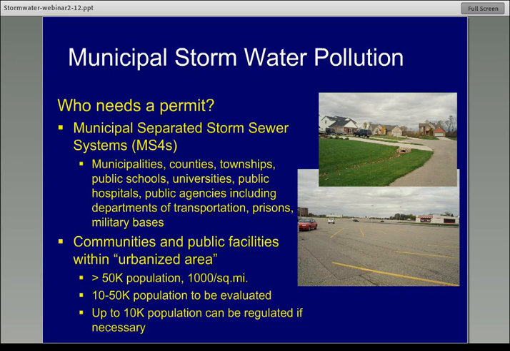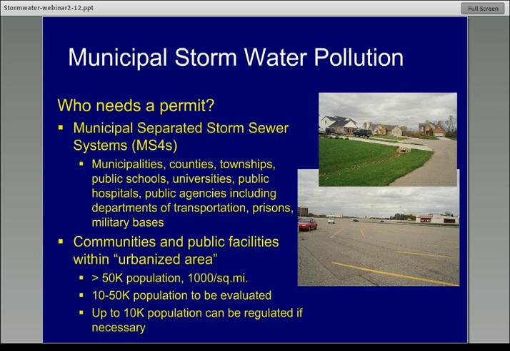While the 10 to 50,000 population segment of areas, either incorporated or not, could be evaluated or were to be considered to be evaluated in the 2003 rules. Many states opted not to do that evaluation and just kept them out. Some states delayed it and then thought they'd get to it, but for the most part, these states were pretty much overwhelmed with just dealing with the 50,000 population and up.